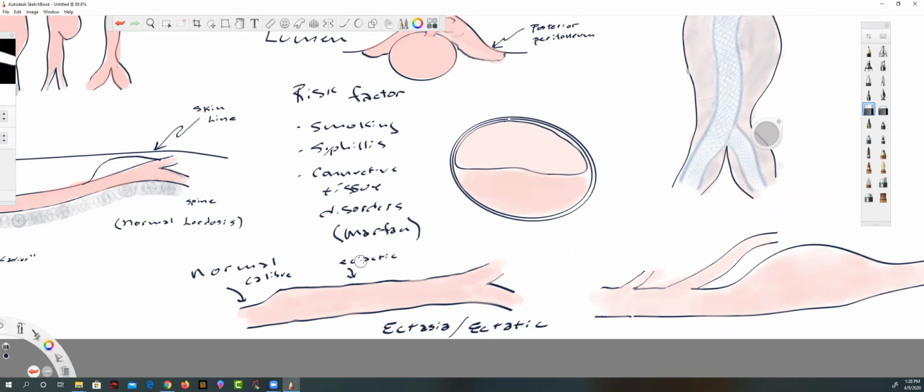Can I ask you a question real quick about the ectasia? Yeah. When that's widening like that, it's just the whole vessel. Are we going to get into the pathology of why that's widening like that? Yeah. You wouldn't use the term ectasia if it were focal.